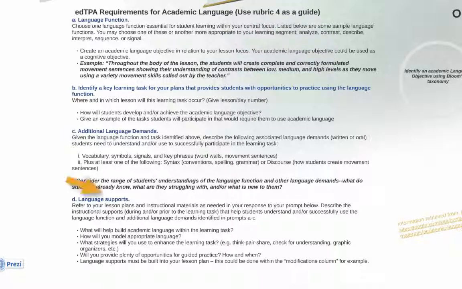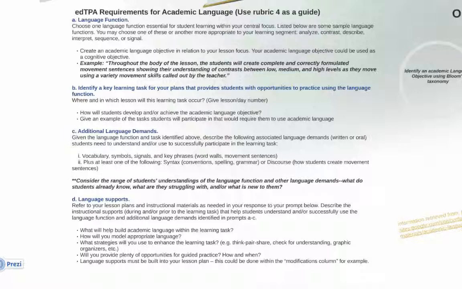And D, language support. So you're going to look at your lesson plans, your instruction materials, and describe instructional supports prior to the learning task that is going to help the student understand and use these language functions so they can be successful.